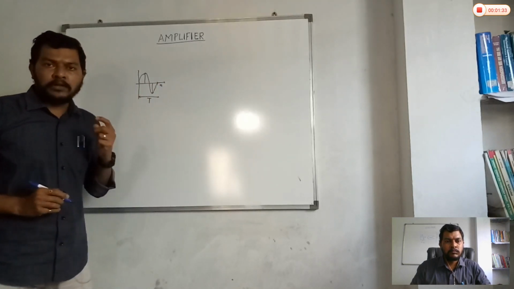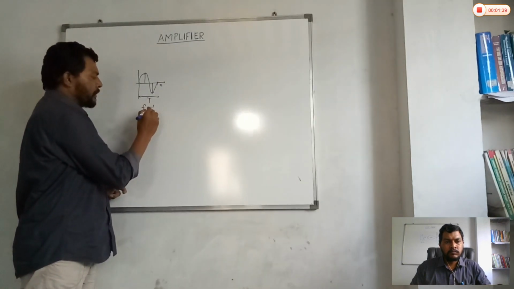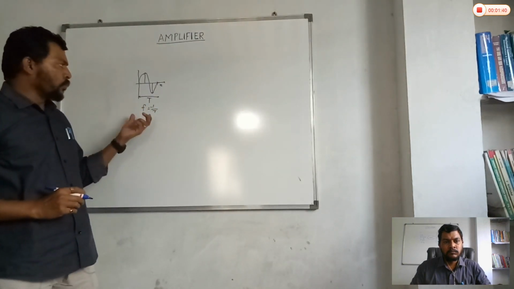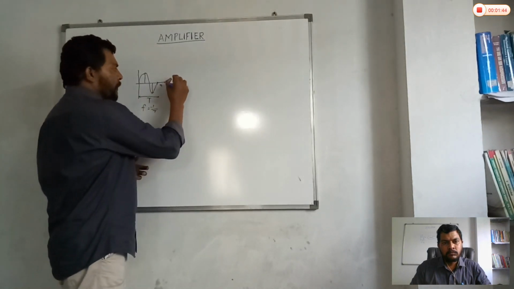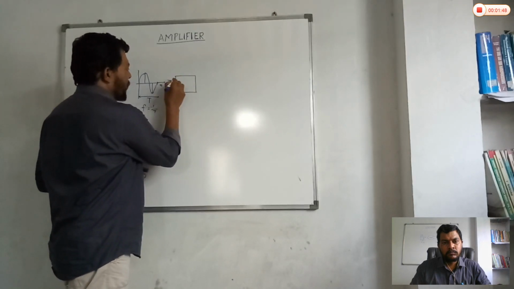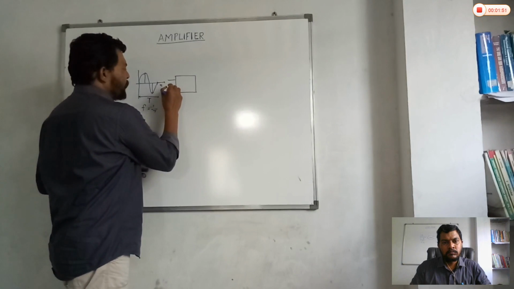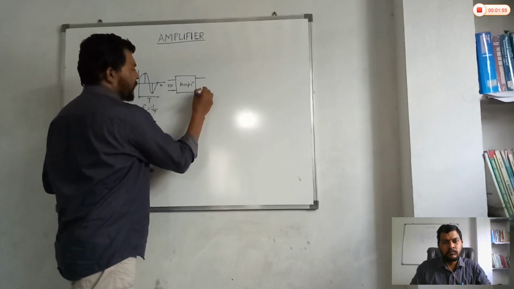And if we need to calculate the frequency, then frequency is equal to 1 by T, that is the reciprocal of time. Now, if this type of sinusoidal wave is given as an input to a circuit which we are calling here an amplifier, then what are we expecting at the output?